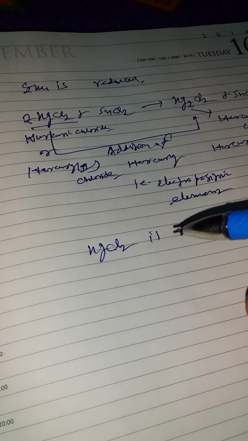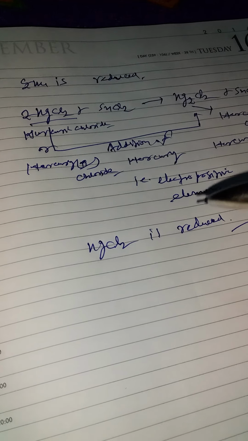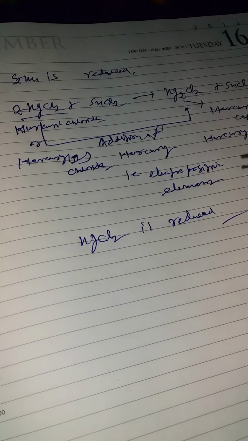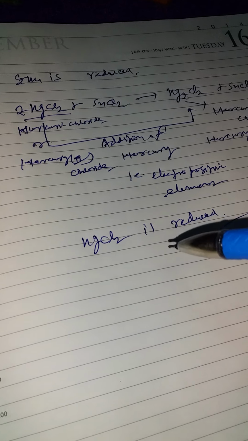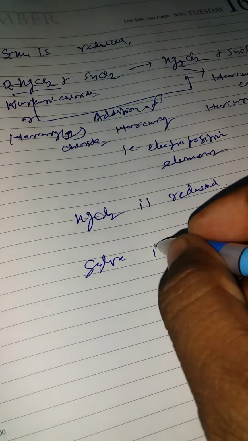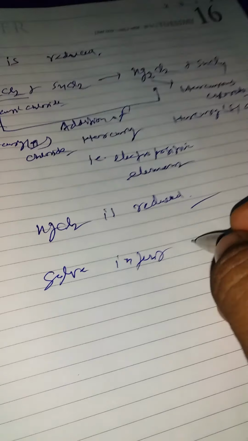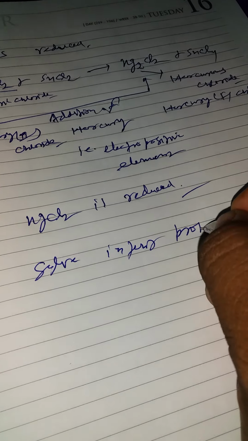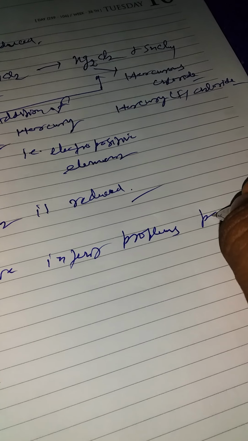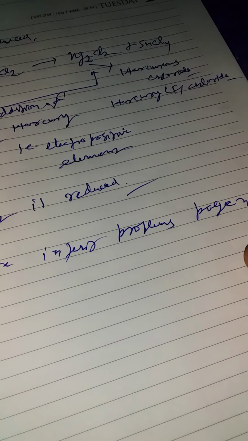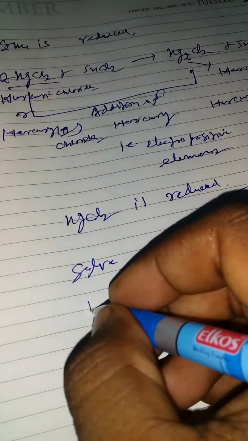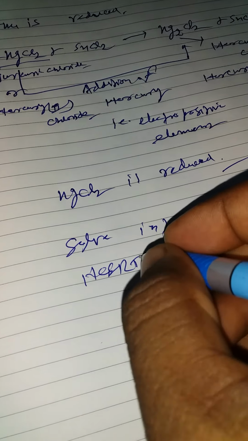So dear students, in this lecture we define oxidation and reduction on the basis of classical concept. Your homework is to solve in-text problems, page number 13, NCERT.